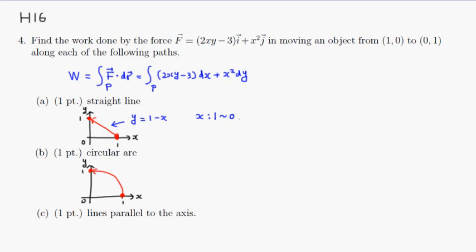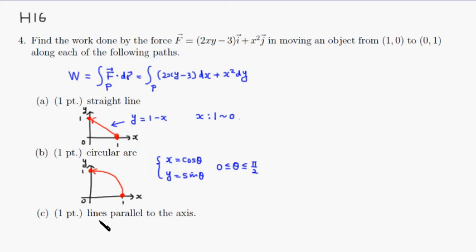So we can use a parametric equation: x equals 1 times cosine theta, and y equals sine theta, where theta starts from 0 and goes to pi over 2. Then you can evaluate that using this parametric equation.